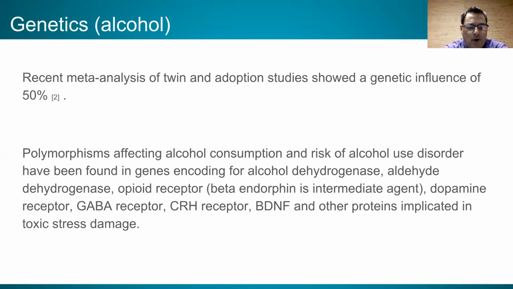So they've found polymorphisms in genes encoding for alcohol dehydrogenase, aldehyde dehydrogenase, the opioid receptor, and as some of you know, the opiate system is an intermediate agent in some substances, and the addiction part of it in the nucleus accumbens and other structures. Dopamine receptor, GABA receptor, corticotropin releasing hormone receptor, brain-derived neurotrophic factor, and then other proteins which are implicated in toxic stress damage.